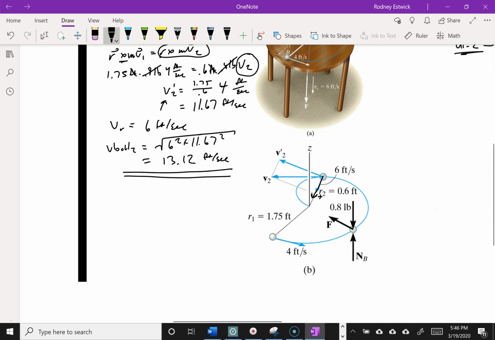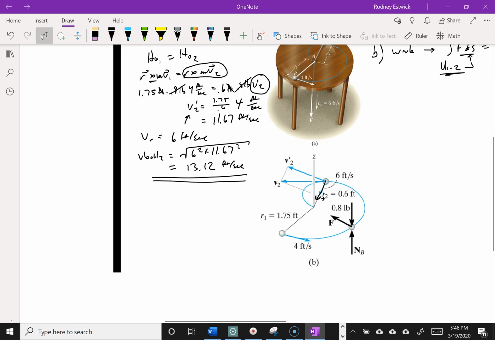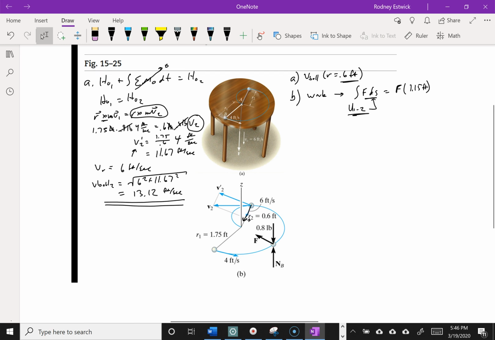All right, so the second part of the problem, we want to know the work, and as we said, the force, and nothing we determined over here would give us a force. So if we want force as a function of S, that would be m times acceleration in the radial direction, because the force is only going to be in the radial direction.